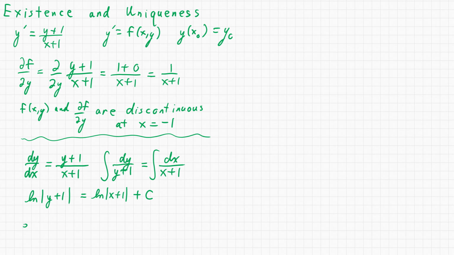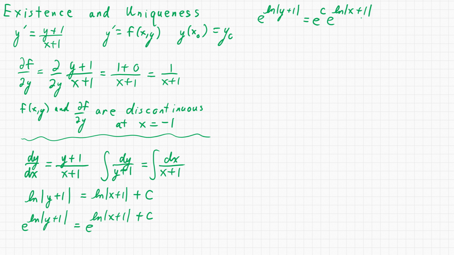I get e to the natural log, absolute value of y plus 1, equals e to the natural log, absolute value of x plus 1, plus c. I can simplify the left-hand side first. Let's just do everything slowly. So that's equal to e to the c times e to the natural log, absolute value of x plus 1. The e and the natural log cancel, and we end up with absolute value y plus 1.